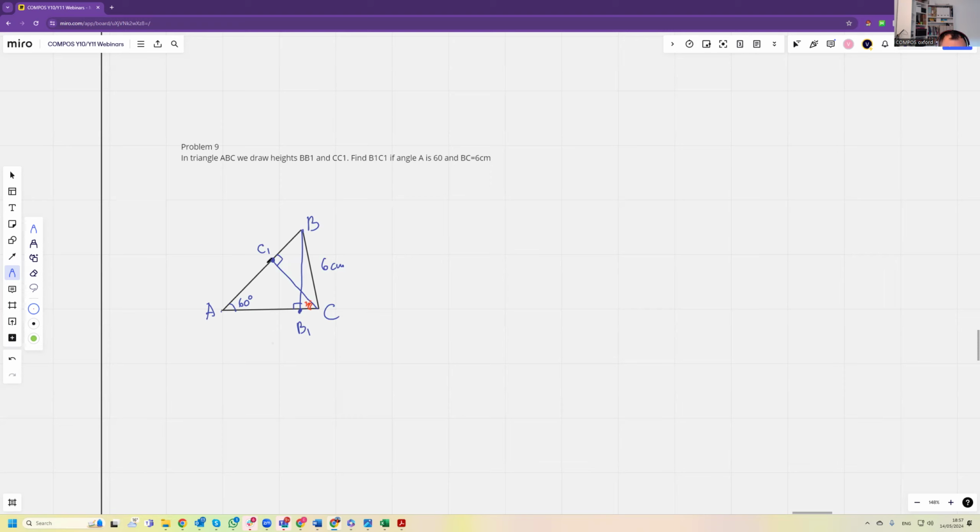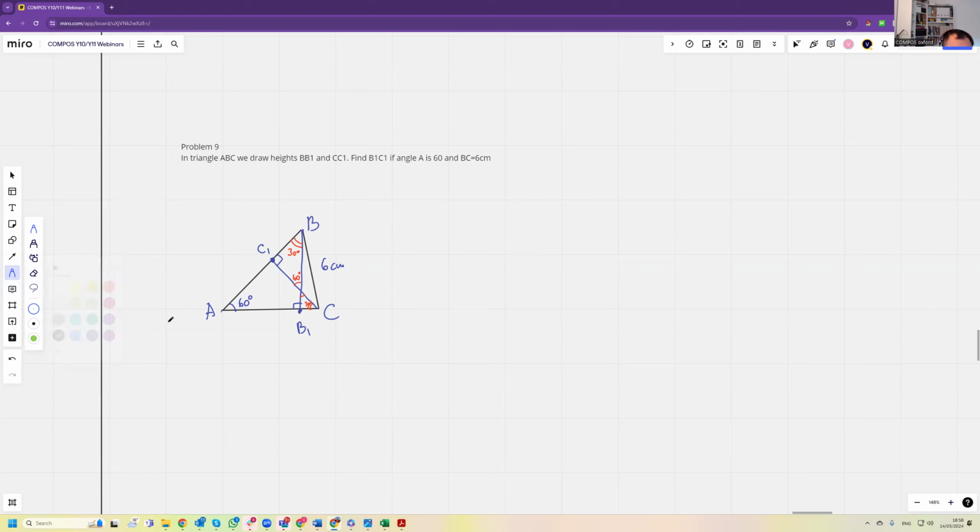And because this is a right angle triangle, if this is 90, that means this is also 30 degrees. 90. That means this is 60. And so is this. This is also 60.